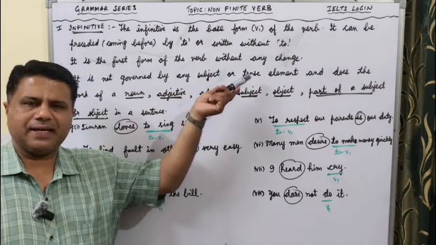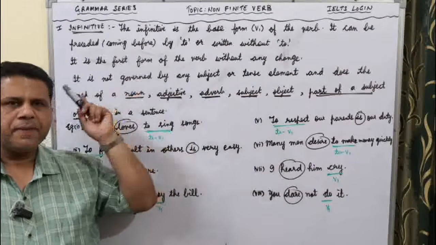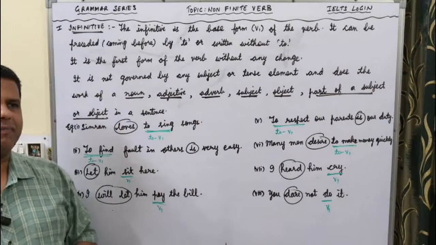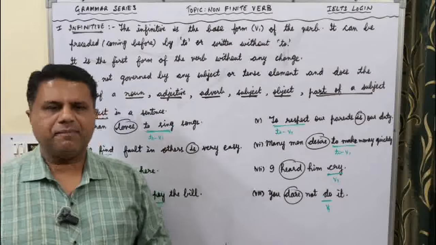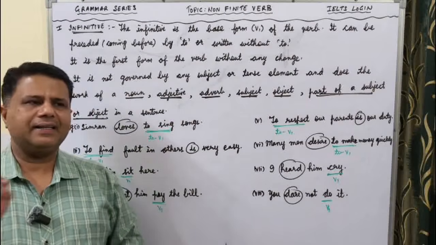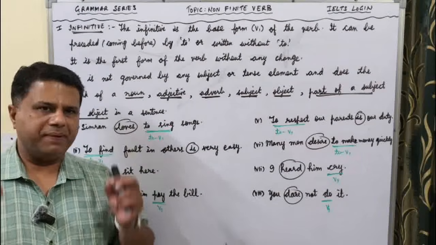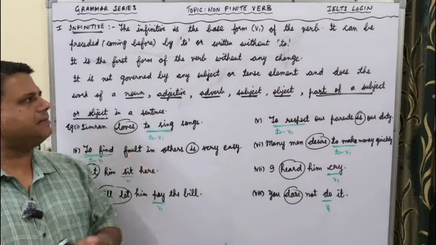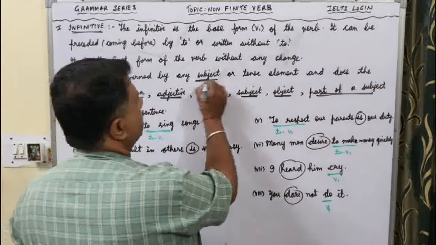What is the meaning of this line? Without any change means nothing will be added. I mean, s or es will not be added, ing form will not be added, ed or any other thing will not be added. Only the base form of the verb will be there. Then it is not governed by any subject or tense element.